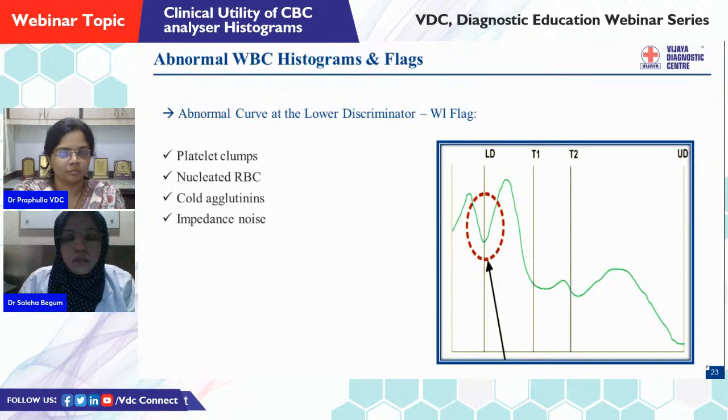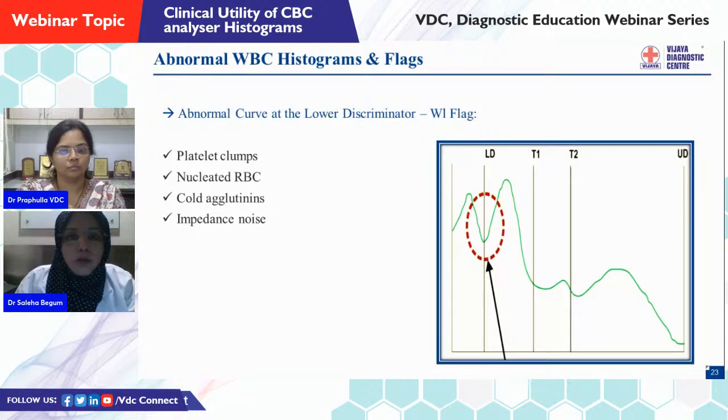Here is a second variation of the normal WBC graph. Here you can again see the graph is not starting at the baseline. Instead, it is starting somewhere in the middle, indicating that the lower discriminator is unable to discriminate between a small lymphocyte population and a population that is even smaller than a lymphocyte, which is present in significant numbers.